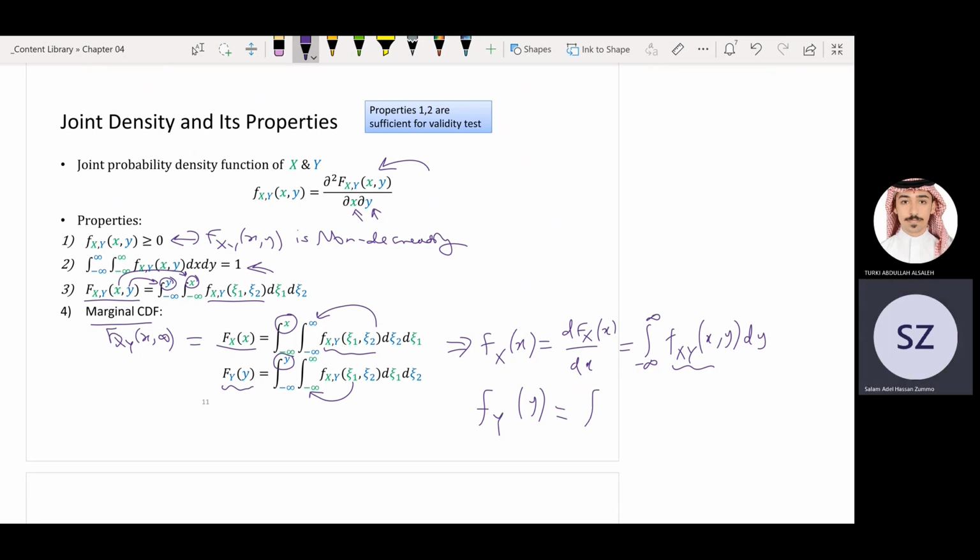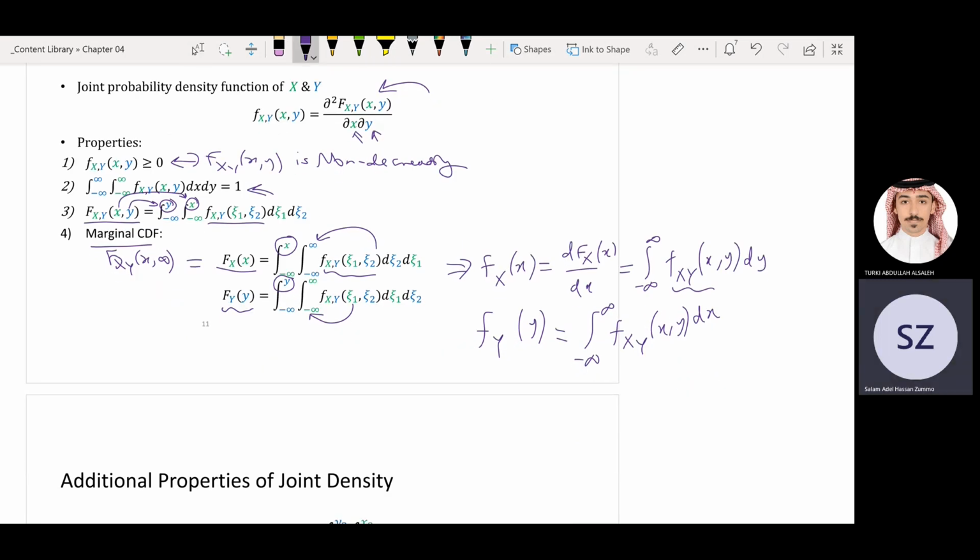I integrate the joint PDF, but with respect to what? So if I have the joint density, I can get the marginal density by integrating with respect to the other variable. This is the same idea as total probability, if you remember.